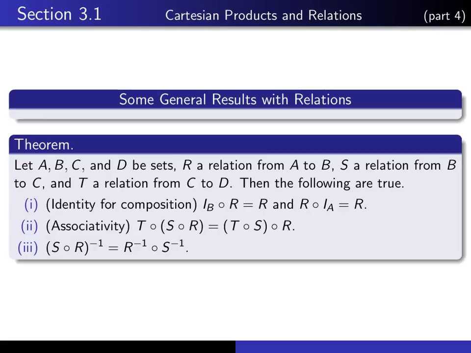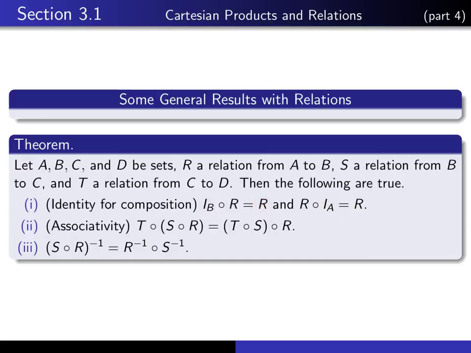And this is the result that I alluded to when I first introduced the identity relation. I told you that it behaves sort of like the number 1 does with respect to multiplication. It has the property that when you compose a relation with the identity, you get back exactly what you started with on either side.